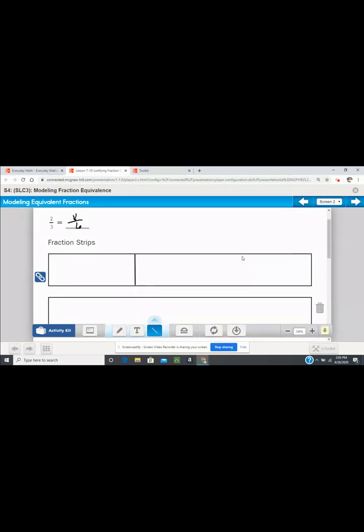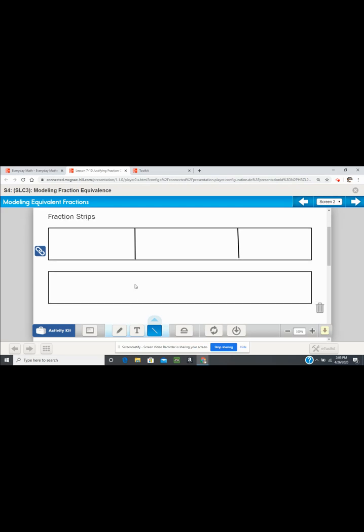I have to cut this into 3 equal sections, because my denominator tells me to do so. And I'm going to do the same thing down here on this fraction strip. And then I simply go through and mark halfway in between each of those sections, trying to get them as even as possible.